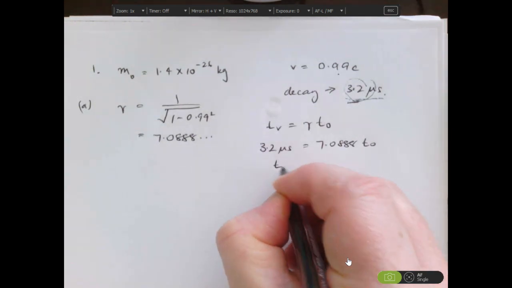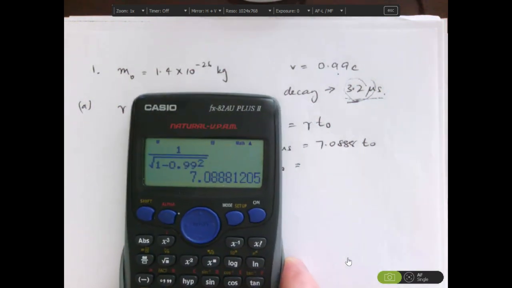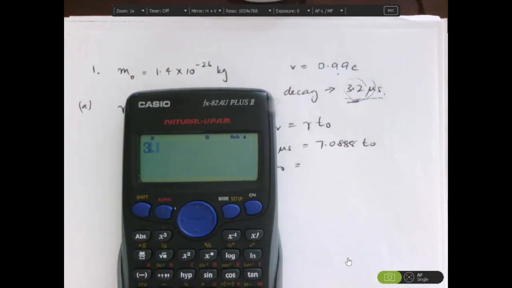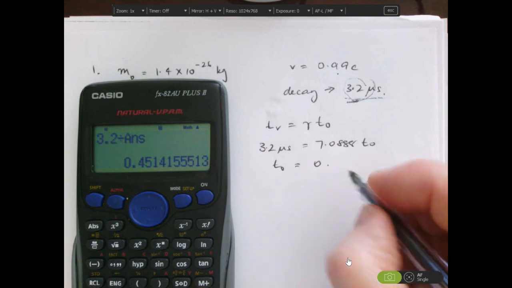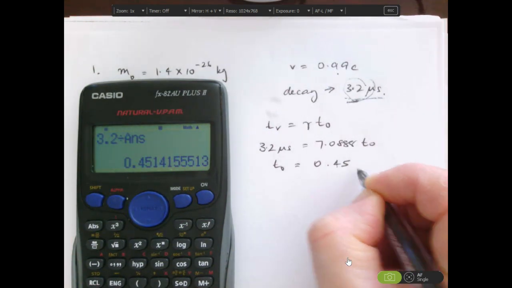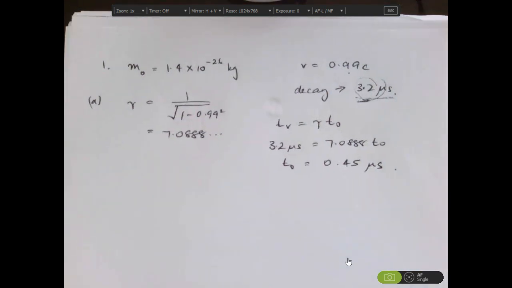So working out t naught would be 3.2 divided by that number. So it's 0.45 microseconds. Okay. Right, that's A.